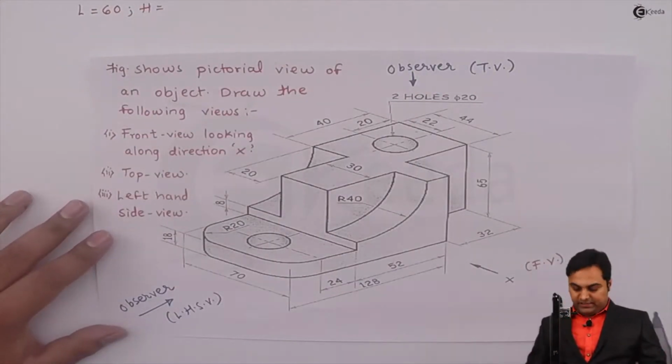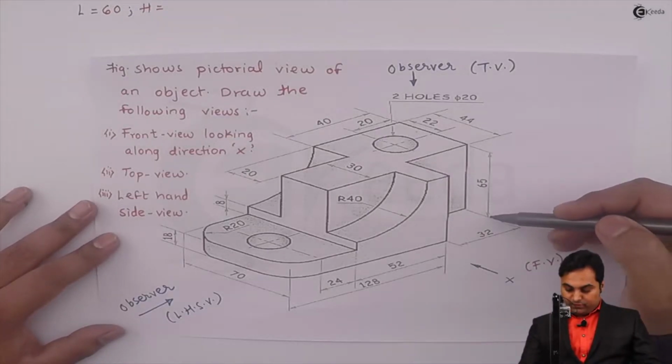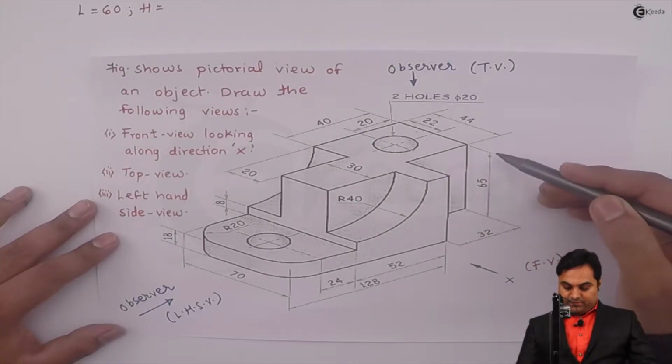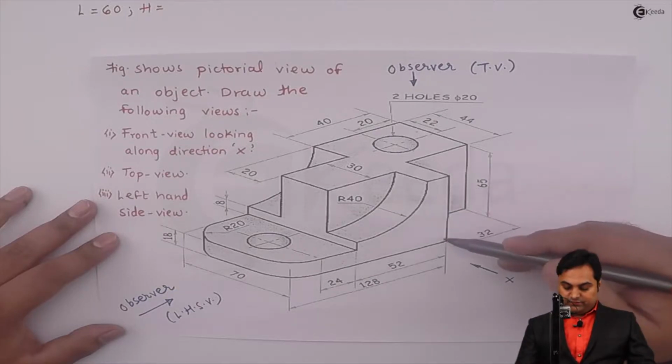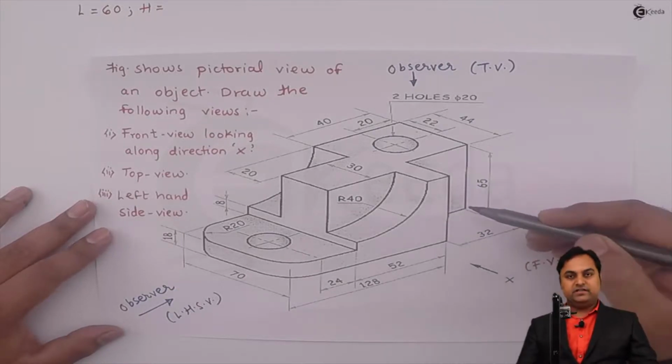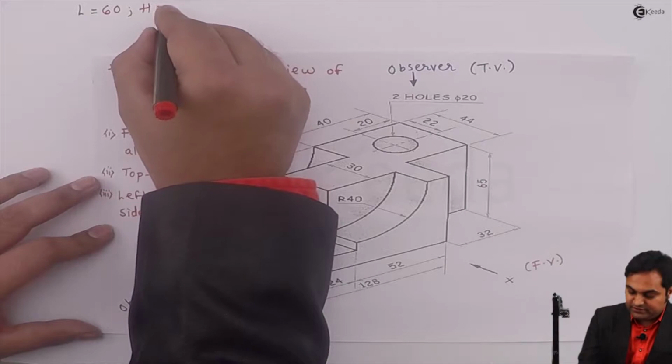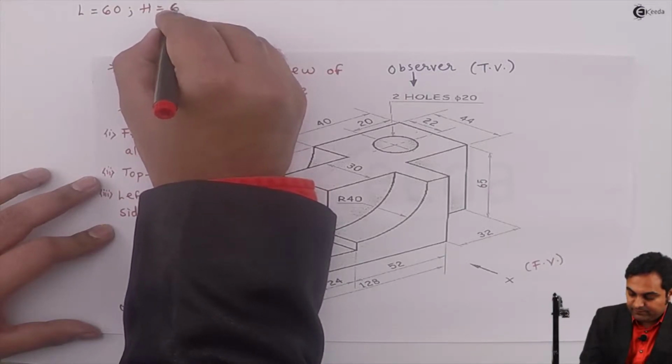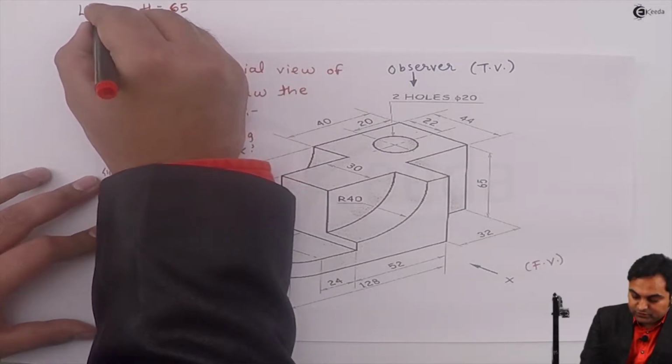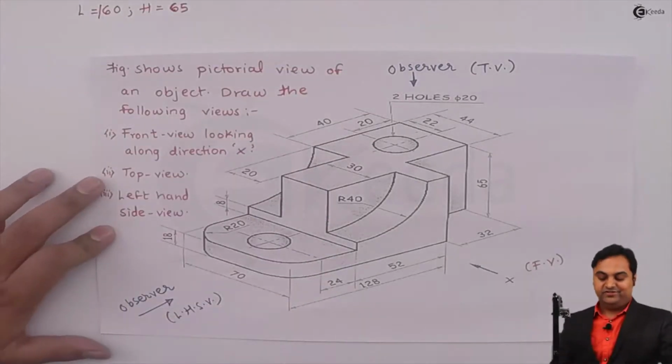Then the total height of the object is given here as 65 mm. So this height and the height of the surface here are both the same. So the total height is 65 and here the total length is 160, not 60.